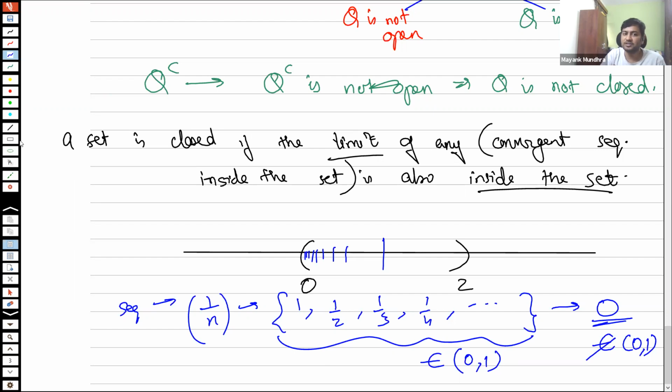You'll never find such a situation for a closed set. For a closed set, if the entire sequence lies inside the set, then its limit also lies inside the set. If the sequence lies only partially inside the set, then it's not applicable. It's applicable only when the entire sequence lies inside the set. Okay.